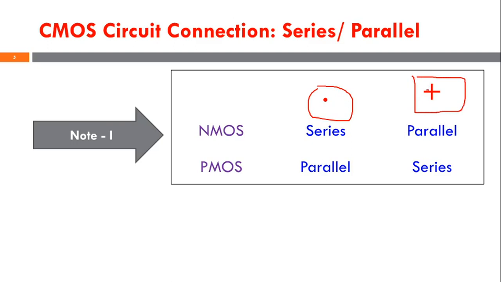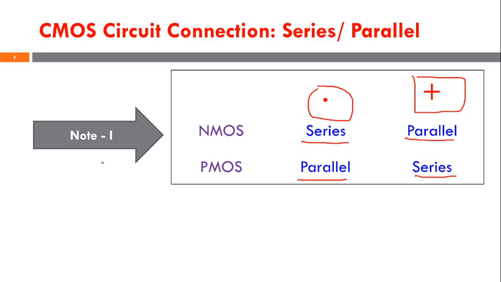But in complementary logic or CMOS logic circuits, we always get inverted outputs. So when we have a dot operation, the NMOS are connected in series. For dot operation, your PMOS should be connected in parallel. For plus operation, NMOS should be connected in parallel. For plus operation, PMOS should be connected in series.